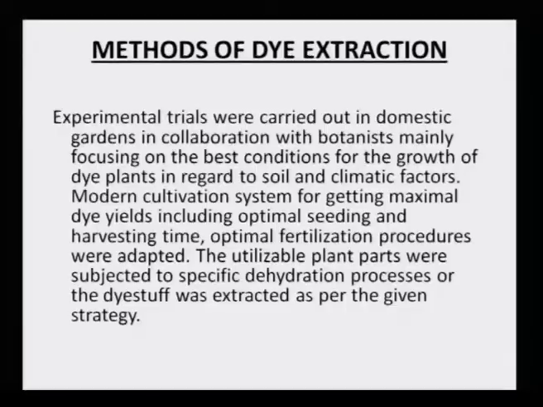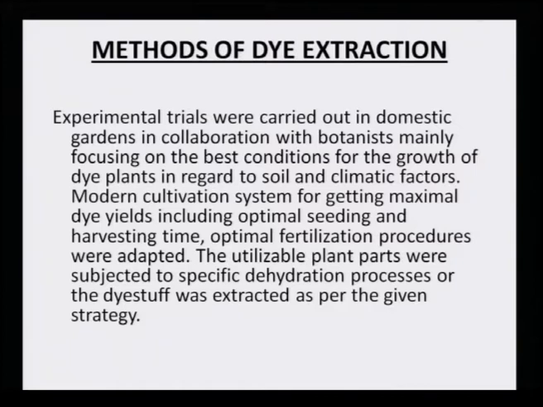Methods of dye extraction. Experimental trials were carried out in domestic gardens in collaboration with botanists, mainly focusing on the best condition for the growth of the dye plant in regard to soil and climatic factors.